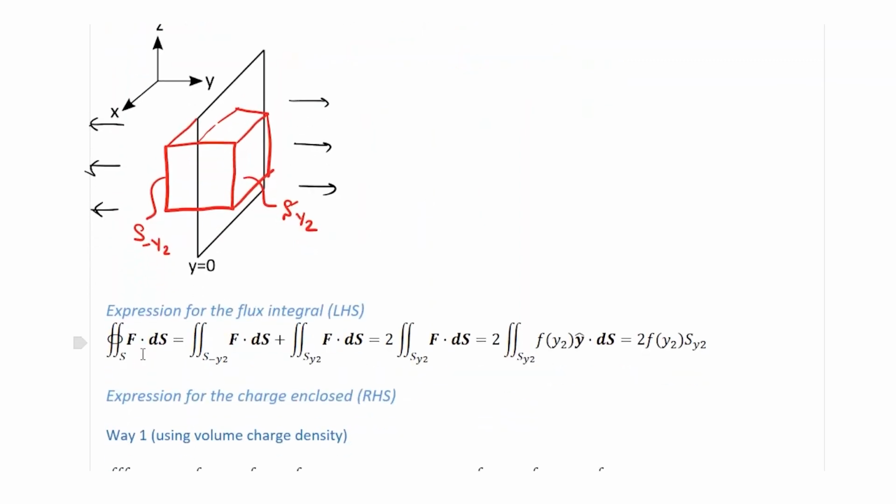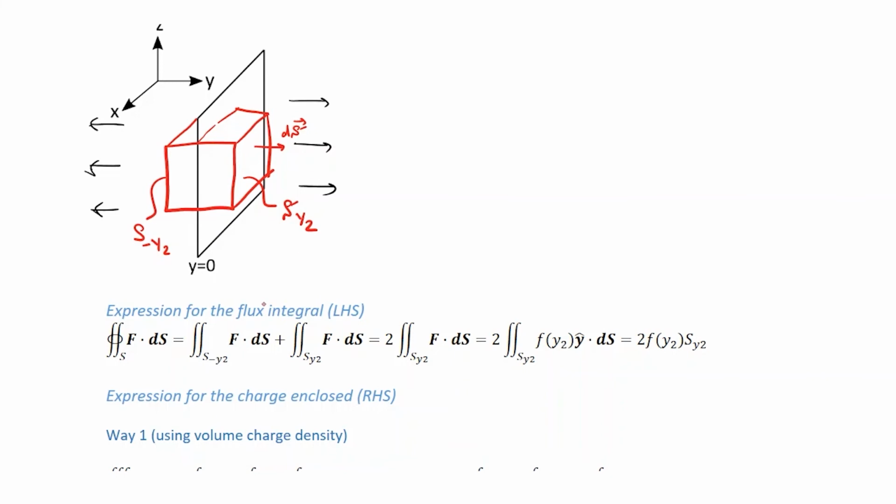Okay, let's simplify the left-hand side of the divergence theorem, which would be the flux. It's equal to the flux through the left surface plus the flux through the right surface. Now I claim that this is equal to 2 of this integral, so these two integrals are the same. Here's why. For the integral on the right, ds is going this way and f is going this way.